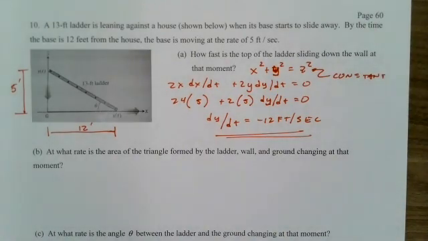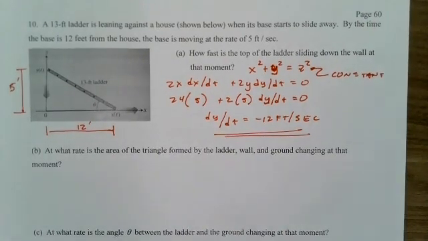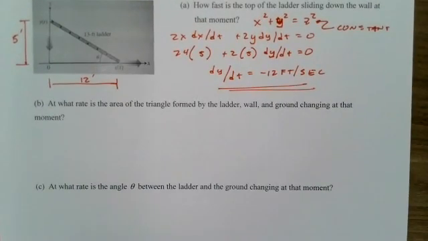What rate is the area of the triangle formed by the ladder, wall, and ground changing at that moment?